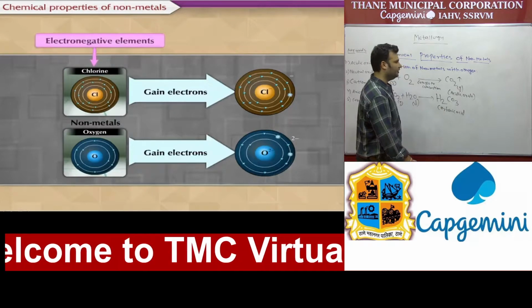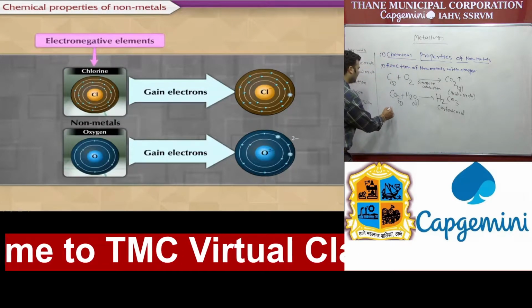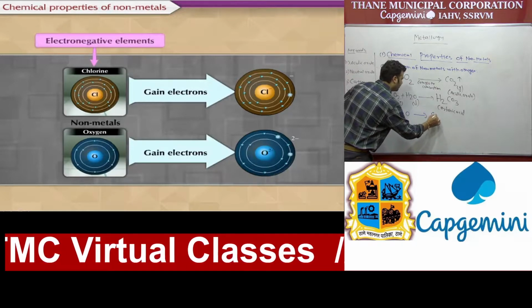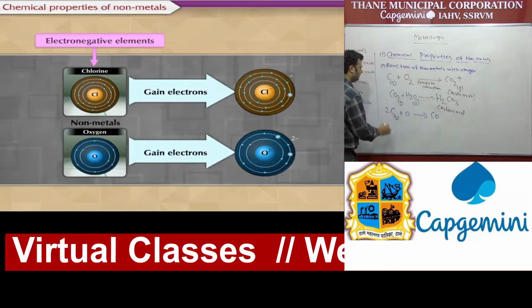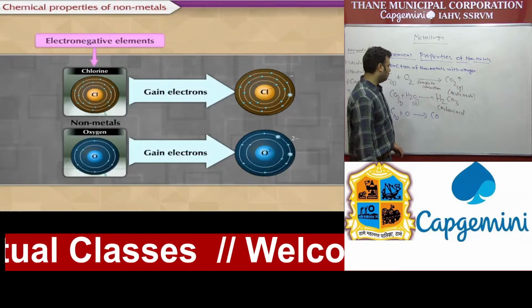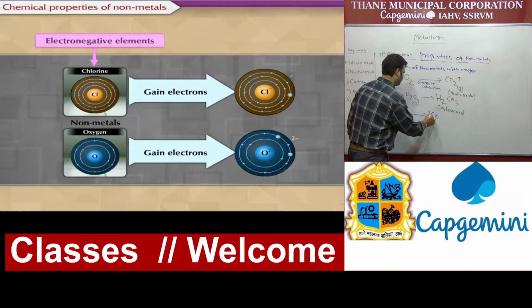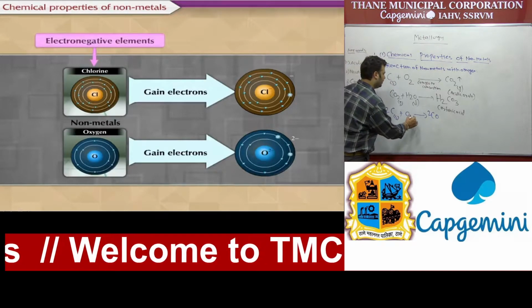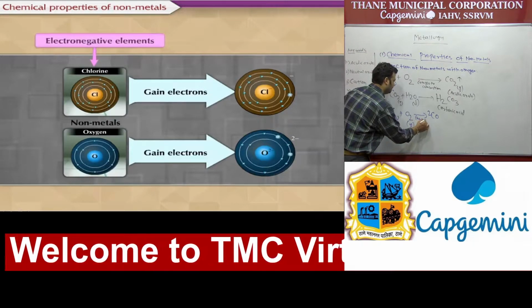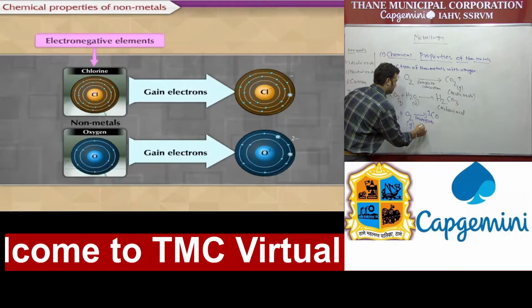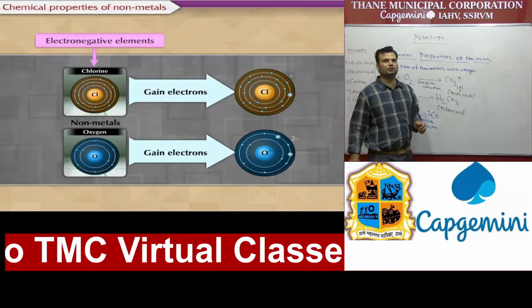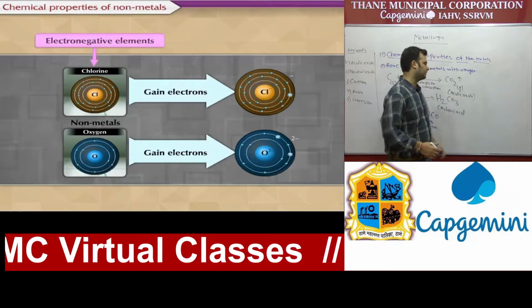Take another example: when carbon goes for incomplete oxidation, it forms carbon monoxide. So we can take here 2CO. Incomplete oxidation or incomplete combustion forms carbon monoxide. Carbon monoxide is a neutral oxide.